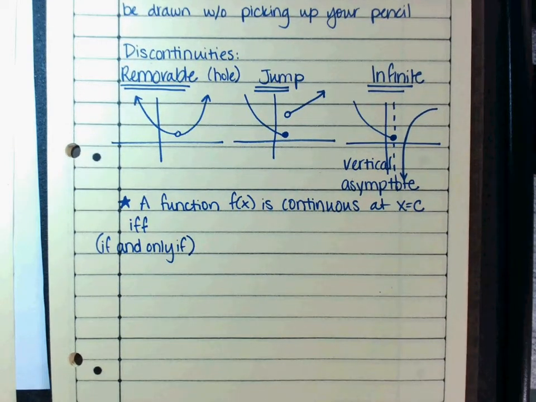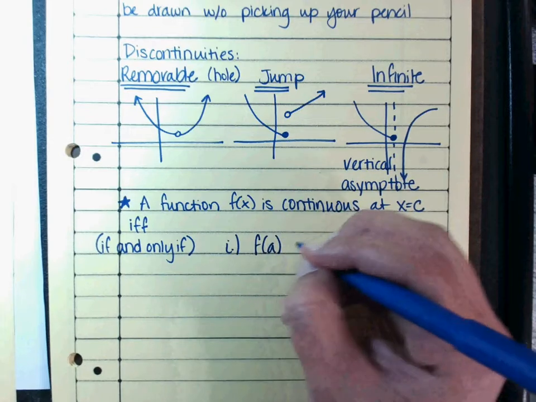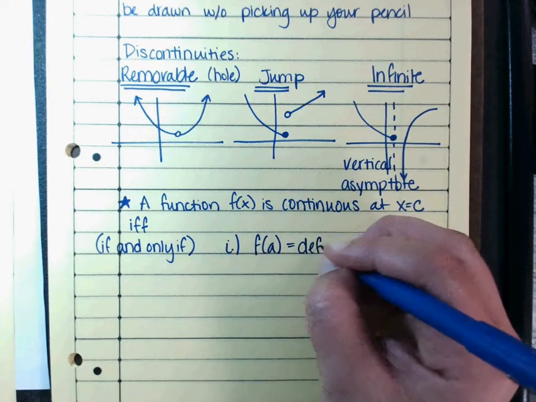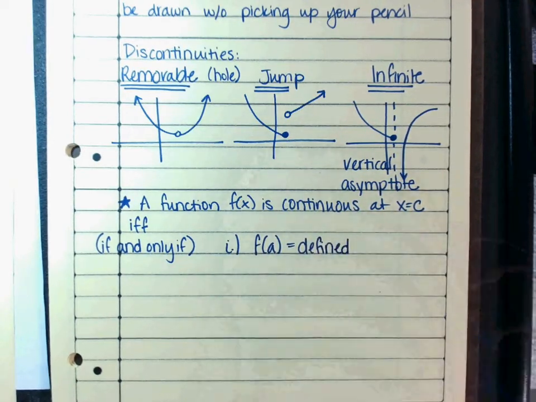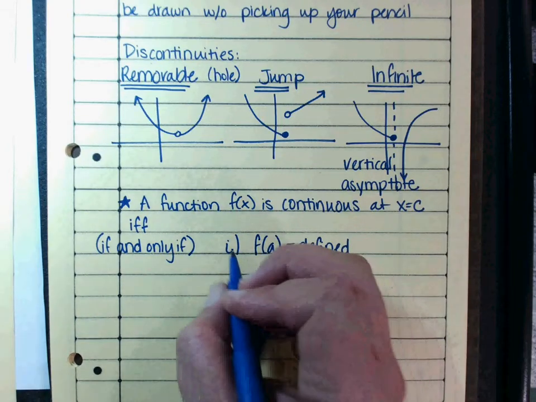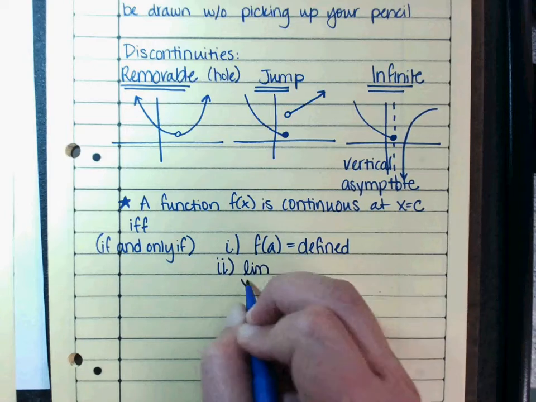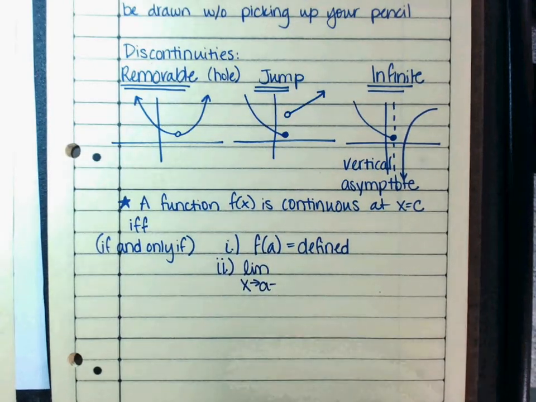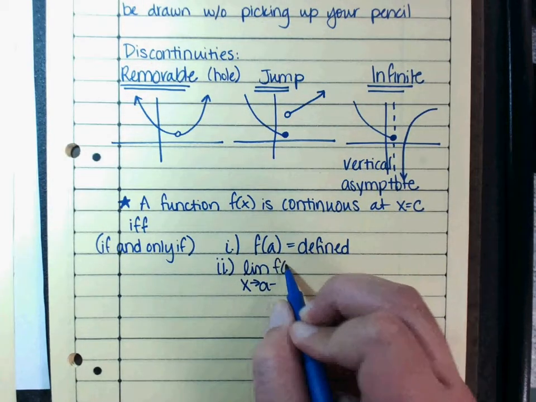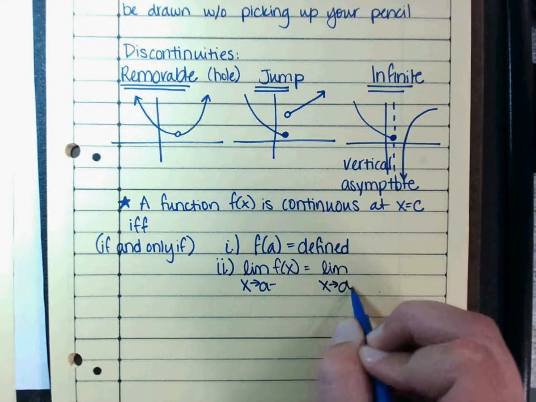The first thing is that f of a has to exist. It has to be defined. So you have to basically have a y value at that specific point. The second thing is that your left and right limits, as you approach A from the left, have to be equal to as you approach A from the right.